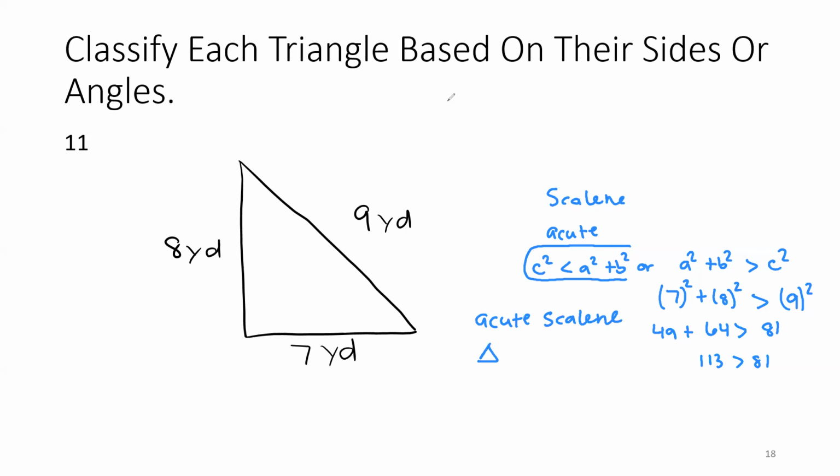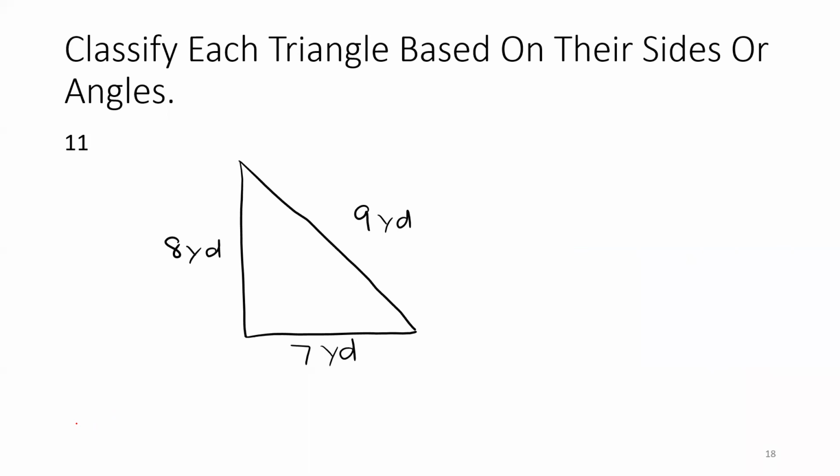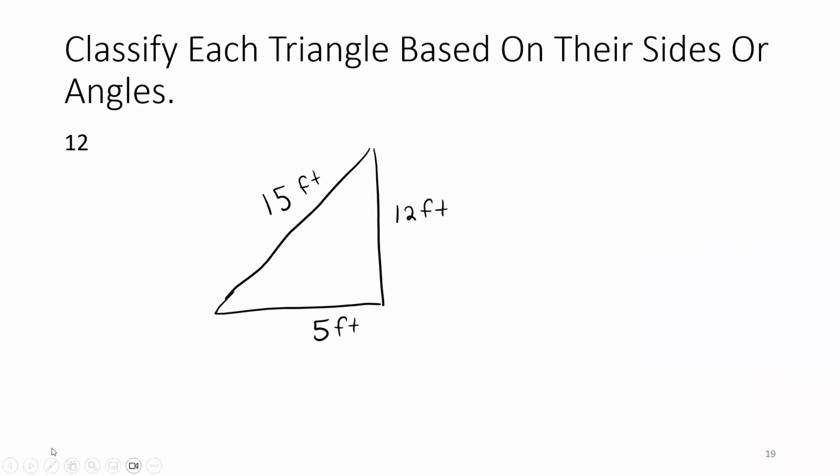Okay, let's move on to the last one. Okay, so we have a triangle, 15 feet, 12 feet, and 5 feet. So what kind of triangle is this going to be? None of the sides are congruent.